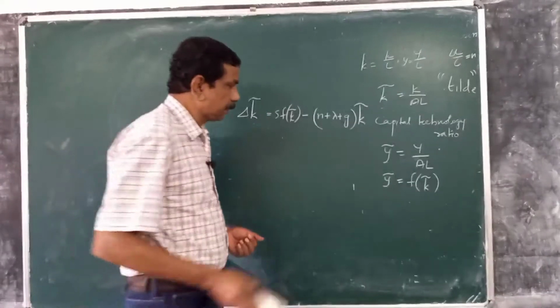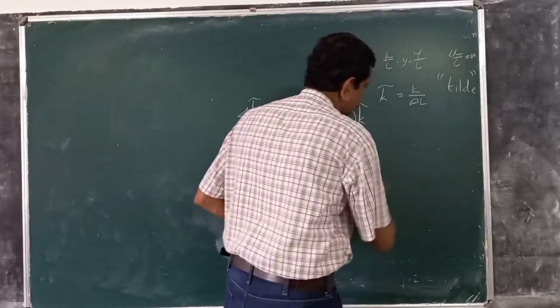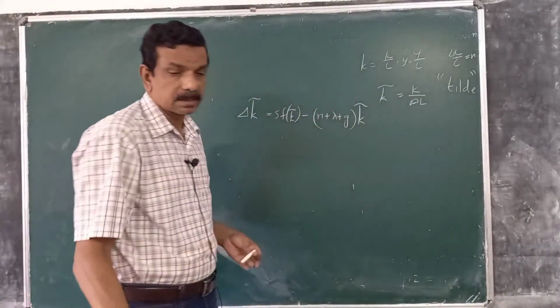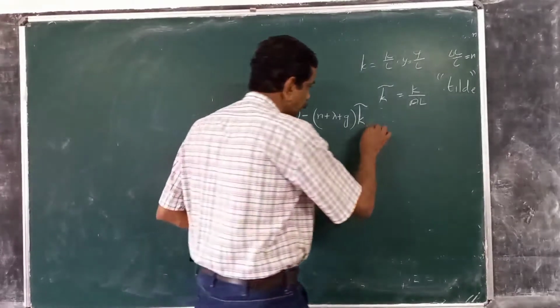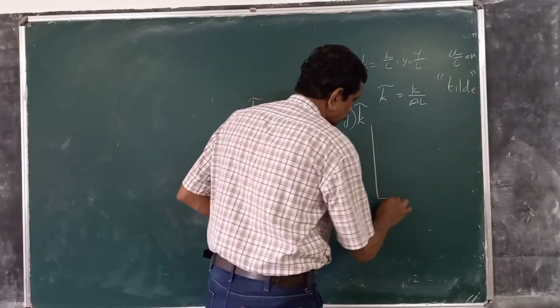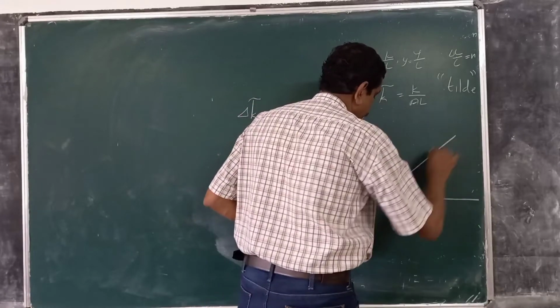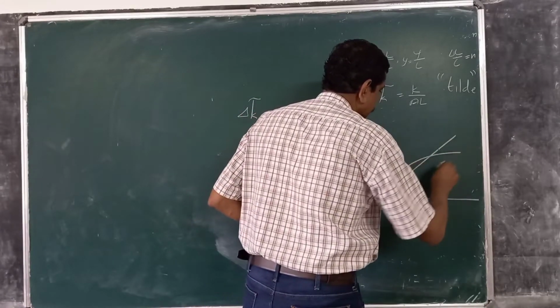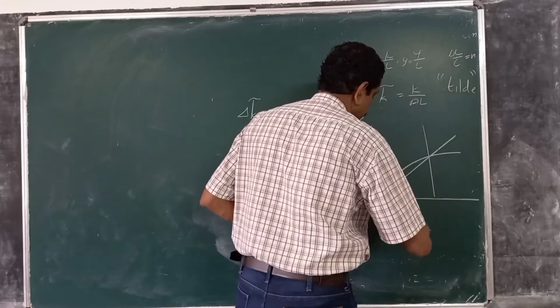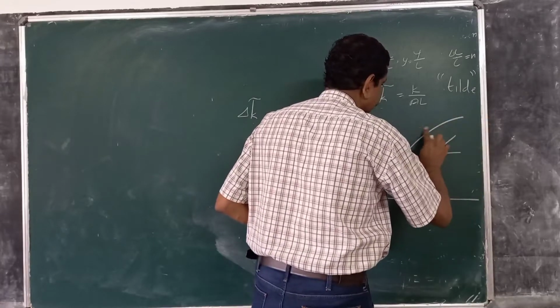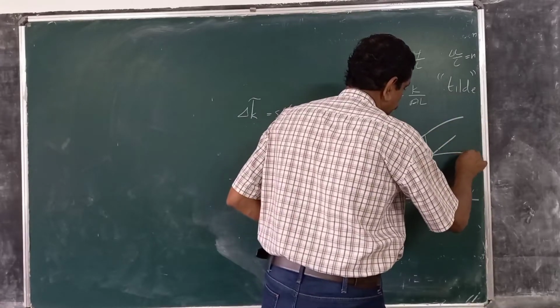Now graphically we can represent the steady state like this, as in the previous class.